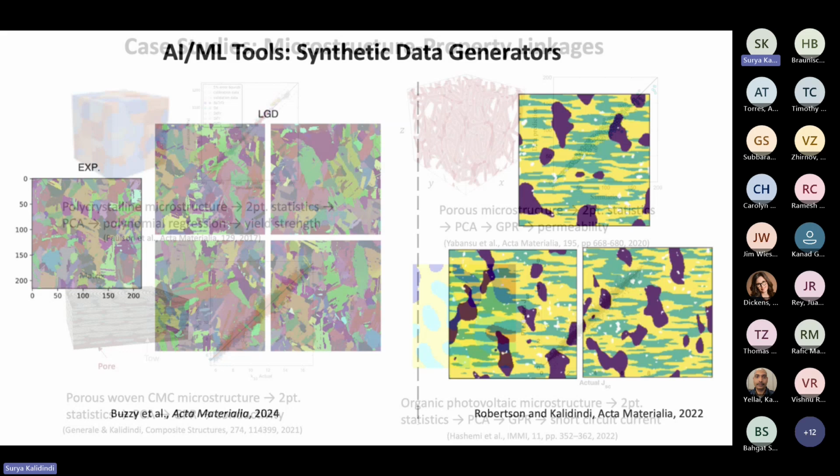There are 4 different colors, but the shapes and size distributions of each one are different. And the generated ones have very similar statistics, in terms of shape, size, separation and distribution, and so on. So that's an example of what can be done.